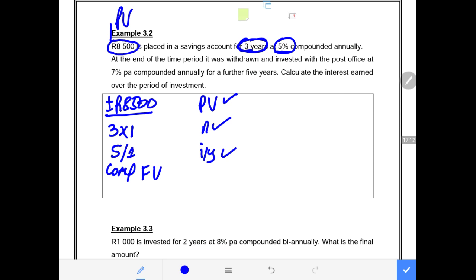So we need to know how much will be withdrawn at the end of 3 years, knowing that this amount of money was earning interest at the end of every year, of which the interest is added back to the capital.